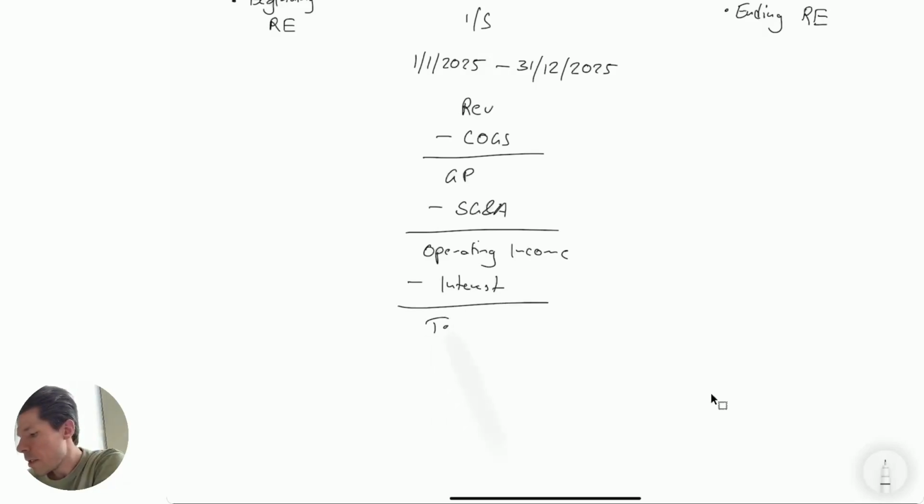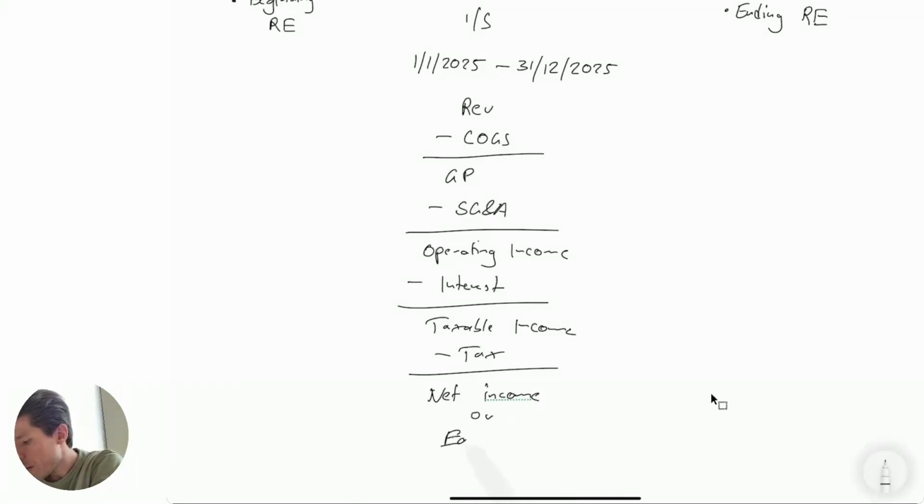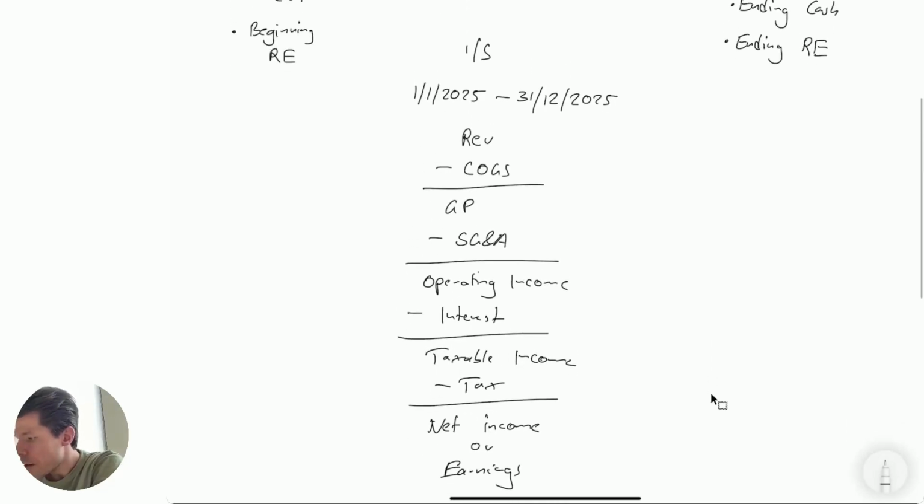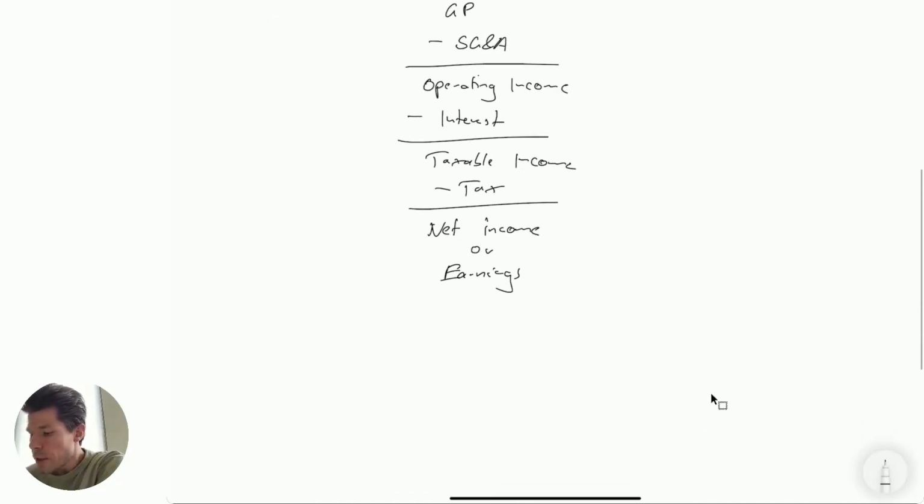Then you have your taxable income. And then minus tax expenses. And then you have your net income or earnings. I use the word earnings here quite often because then the retained earnings part makes sense. So this is what is left over, the bottom line, net income.